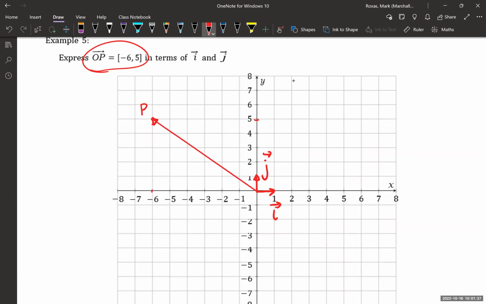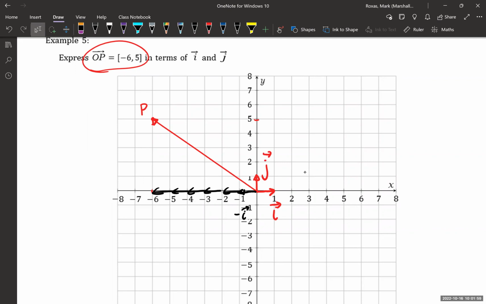Now the question becomes, how many of these vector i's and how many of these vector j's do I need to create the equivalent vector from O to P? If I took vector i and pointed it to the left, I would have negative i. If I repeated that negative i 6 times, I can reach the bottom leg of my triangle.